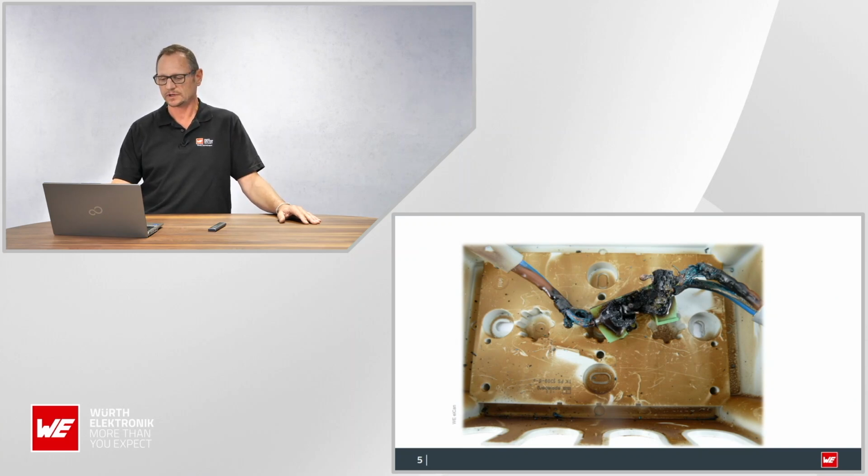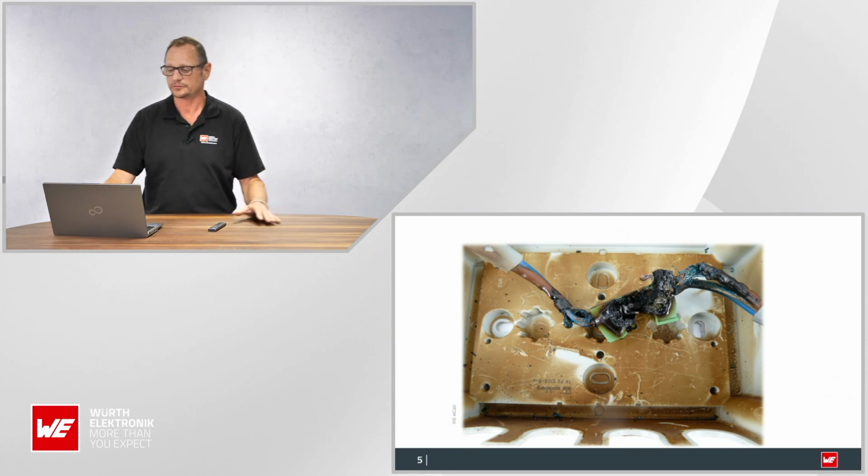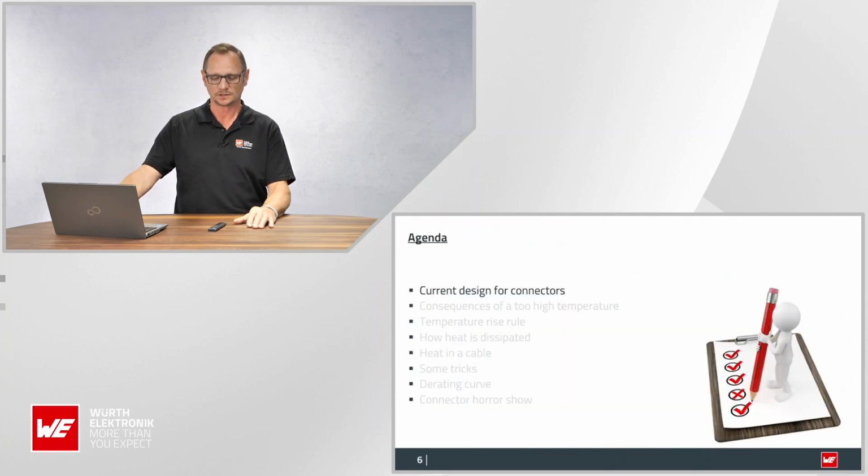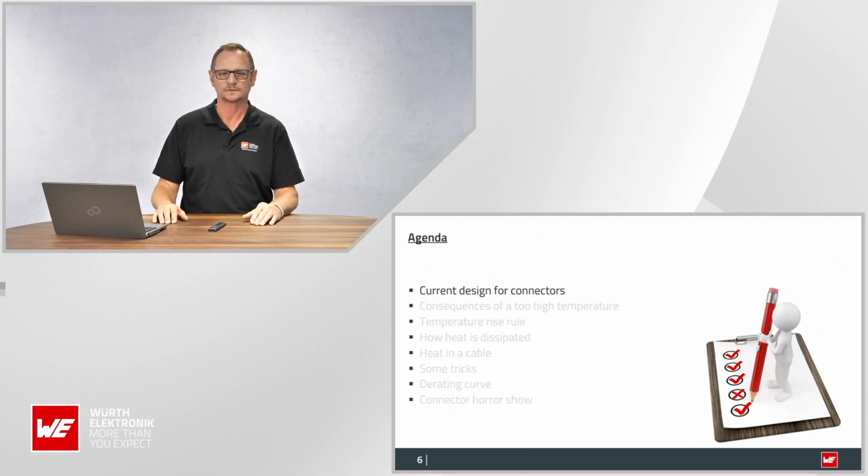So here's a brief look into our agenda. It's about the design of the connectors in terms of electrical current. Then, of course, what happens if you see too high a temperature. Take a look at the temperature rise rules. There are some standards out for this.